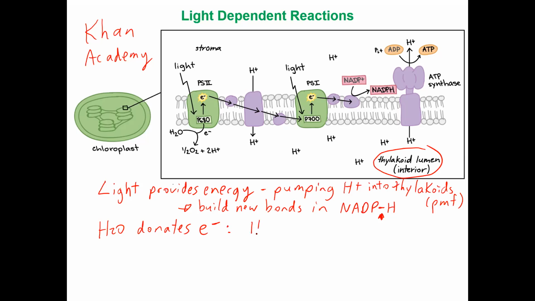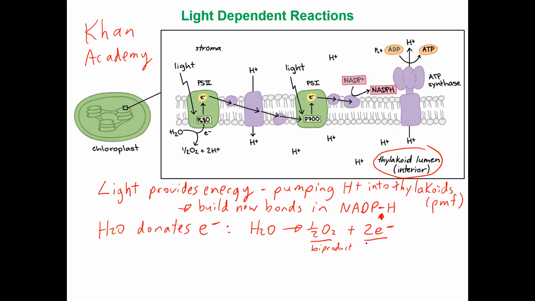We've got water splitting, okay? And it produces oxygen, and we love oxygen, but oxygen is just really a byproduct. I'm going to, like I said, kind of write tiny here. So this is a byproduct. And it's providing electrons.